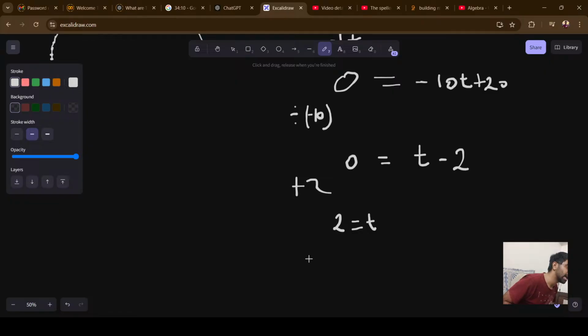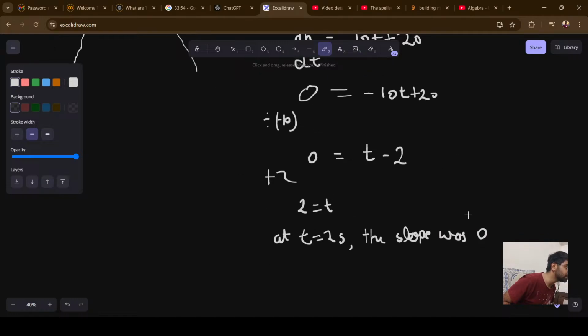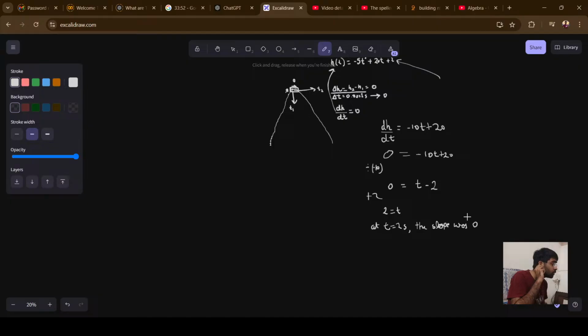That is, at t equals 2 seconds, the slope was 0. But we don't know if it is a maximum or minimum, right?